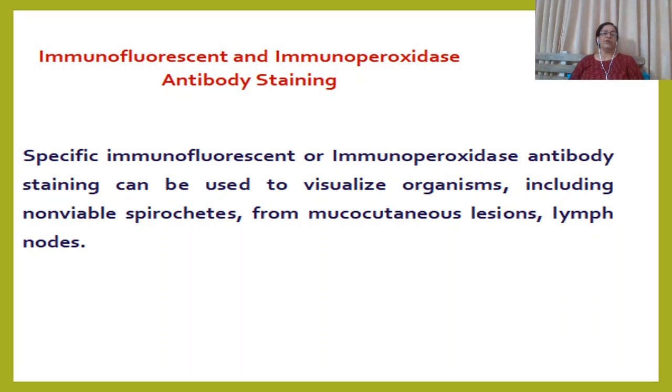As you know, during infection, at the mucocutaneous junctions there is formation of lesions. So gummas and condylomata are rich in microorganisms and one can collect material from them, as well as from the patient's blood, that is the sera, where antibodies are present. So that can be stained here.